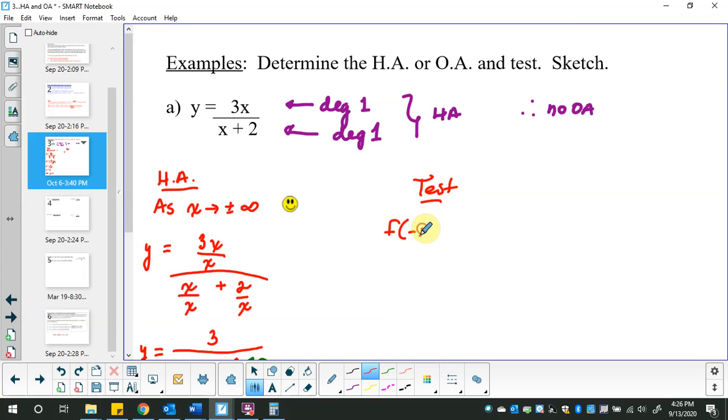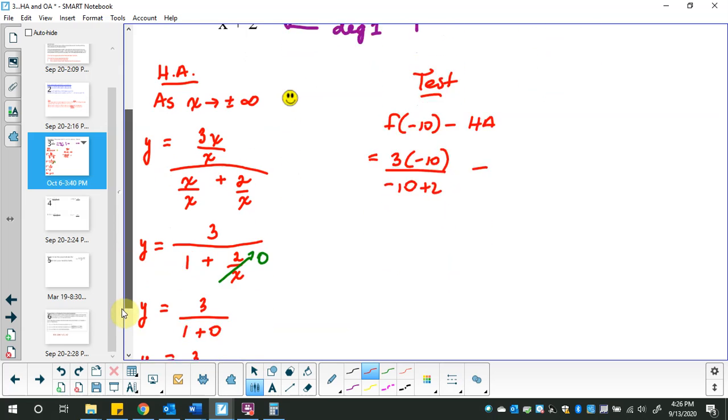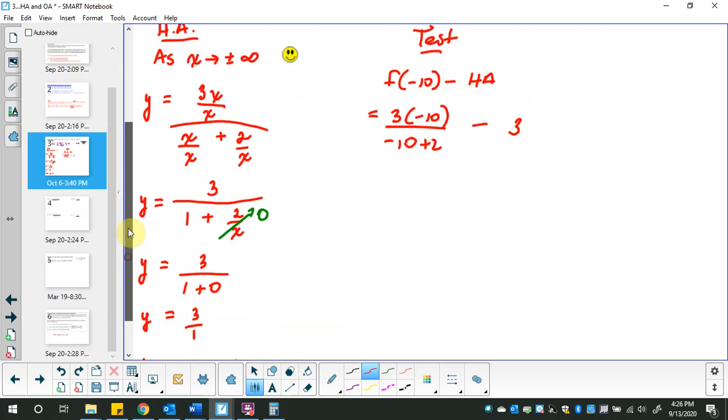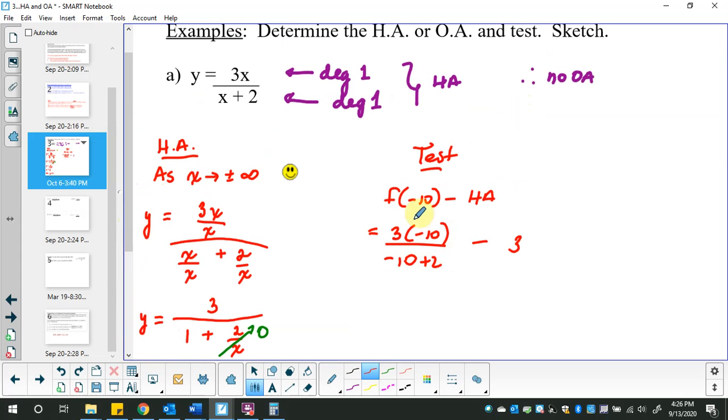So f at negative 10 minus the horizontal asymptote. That means 3 times negative 10 over negative 10 plus 2 minus the horizontal asymptote. And if you're wondering where this came from, it came from the original equation. Now there's no shortcuts here because we have a minus and it's not all multiplying and dividing like it was in vertical. So I have to actually do the math.